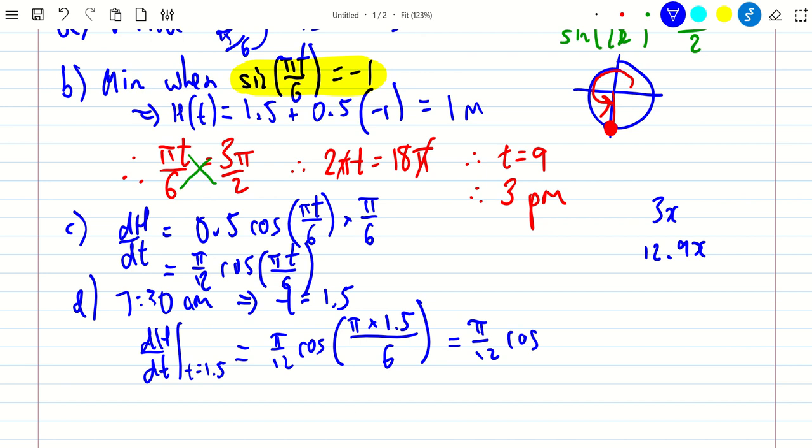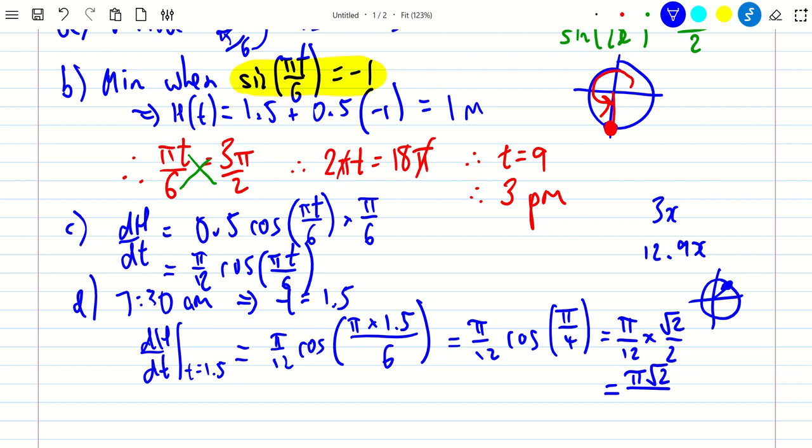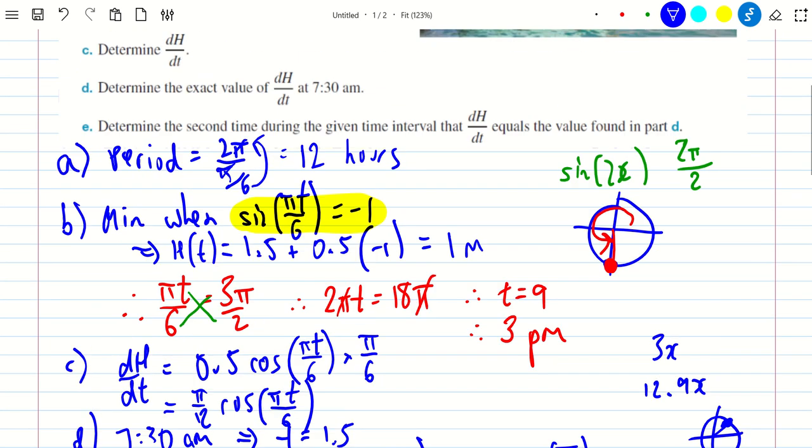If we times the top line and the bottom line by 2, we would get 3 over 12. 3 over 12 is 1/4, and so this is actually cos 1/4 of pi, or pi on 4. That's nice and easy. We know that cos pi on 4 is equal to root 2 on 2. So that's pi over 12 times root 2 on 2. So that is pi root 2 over 24. Okay, so I think that's what it wanted.